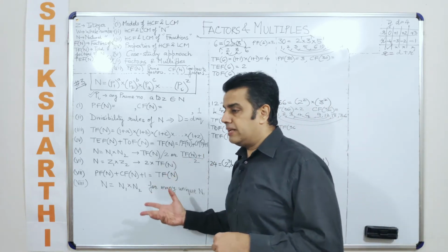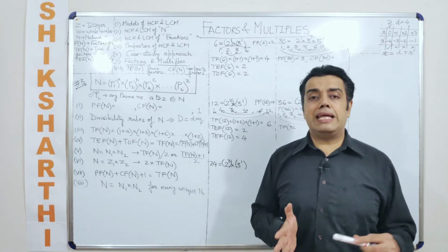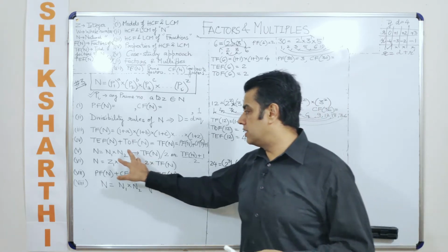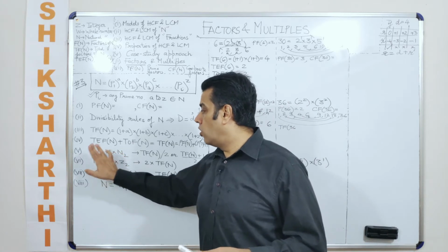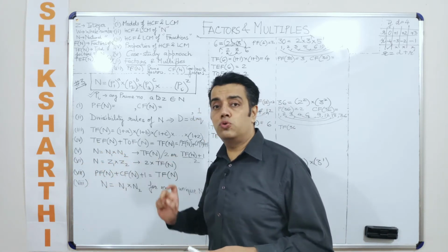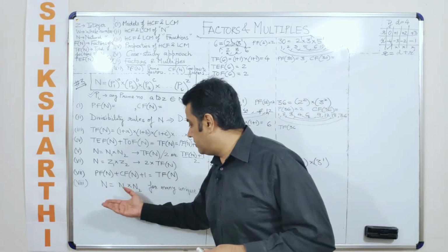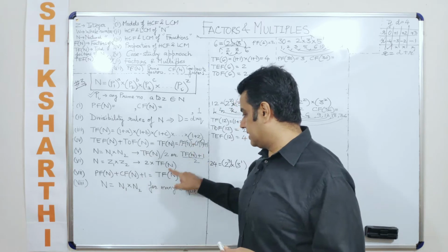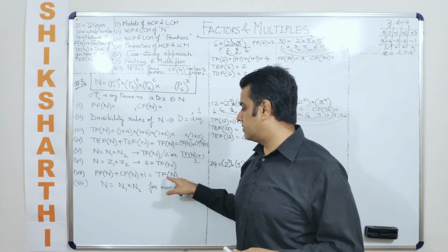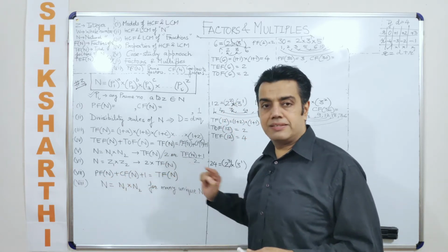right? Next thing that we'll be discussing here would be, in how many ways can I write a number as a product of 2 natural numbers, or in how many ways can I write a number as a product of 2 integers. Next thing that we will be discussing here is the thing that we discussed few minutes back is, can I write total number of factors of a given number as the summation of these 3 entities.